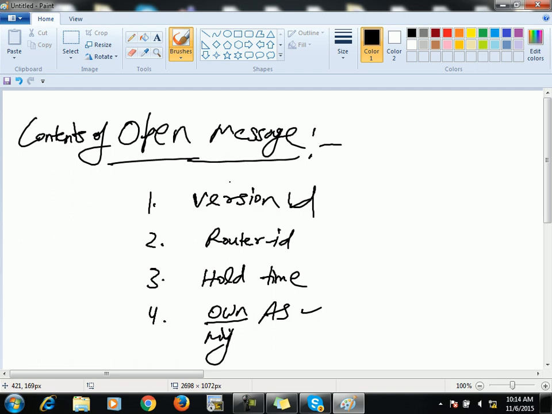If anything mismatches in the open packet itself, then it will never generate any keepalive message. So BGP will start generating keepalive messages after negotiating all the components of the open packet, right?